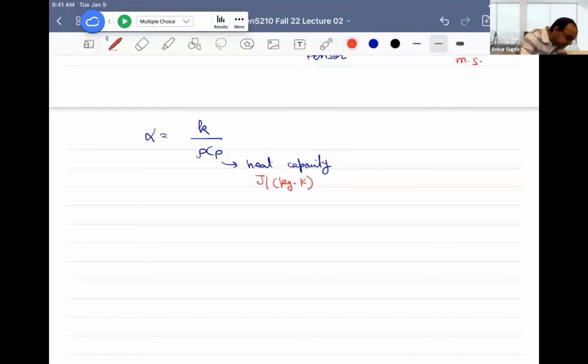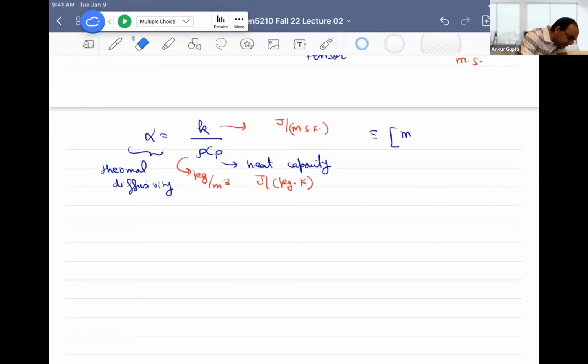Remember that k is joule per meter second Kelvin, and rho is kg per meter cubed. This alpha is known as the thermal diffusivity, and this also has the units of meter squared per second.